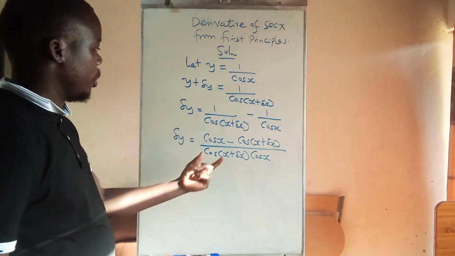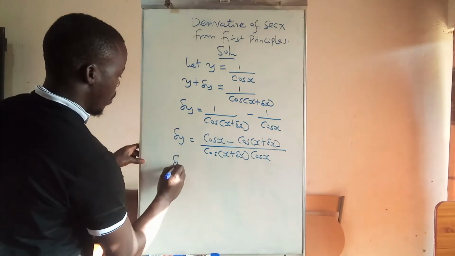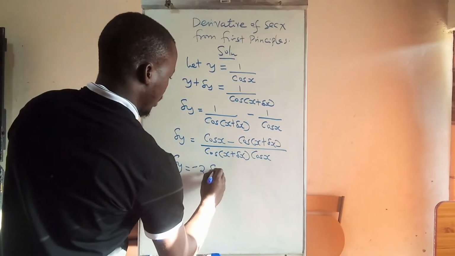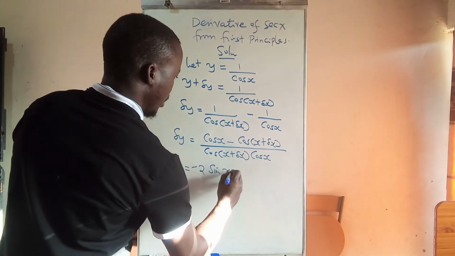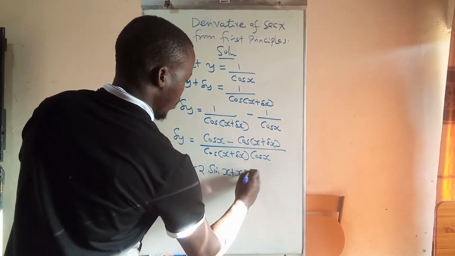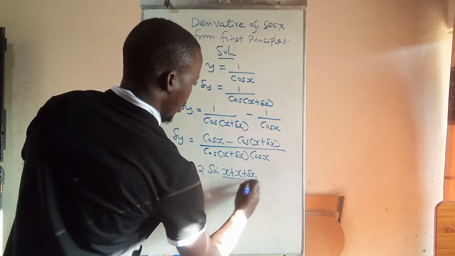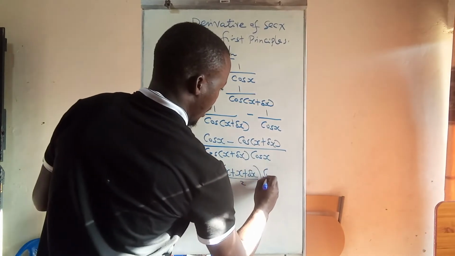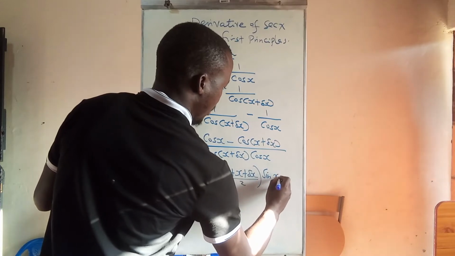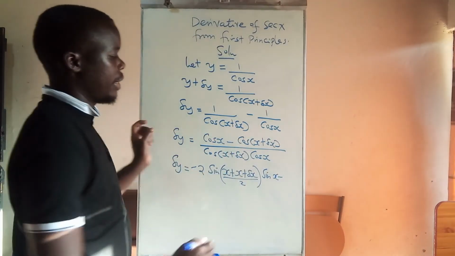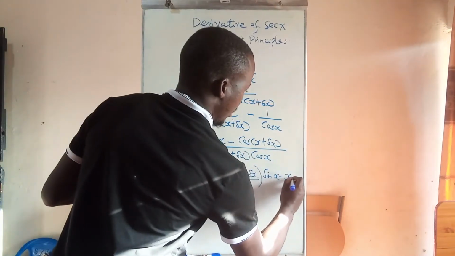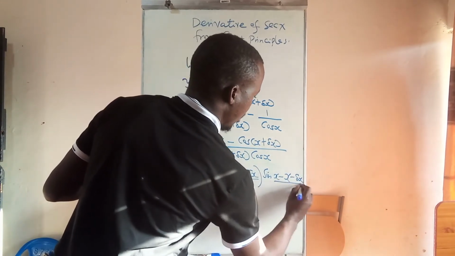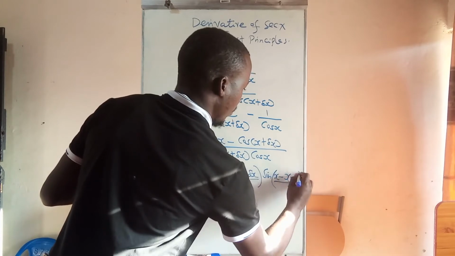So that is what I'm going to use for the numerator, so that I have delta y as minus 2 sine of (x plus x plus delta x) divided by 2, then sine again of (x minus x minus delta x) divided by 2.